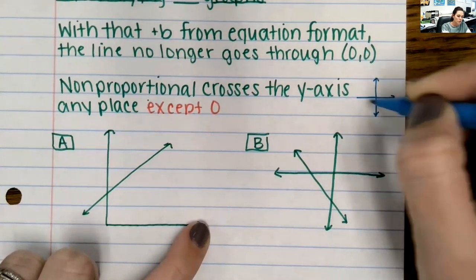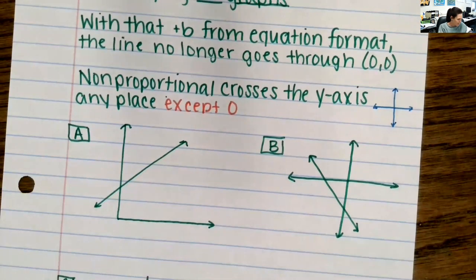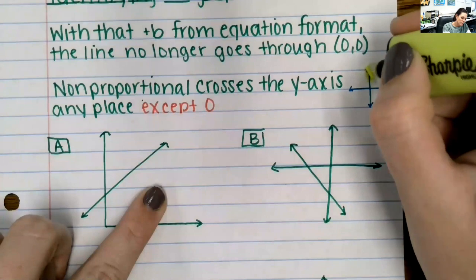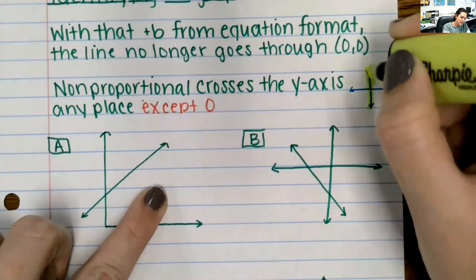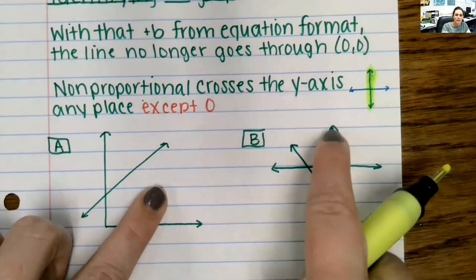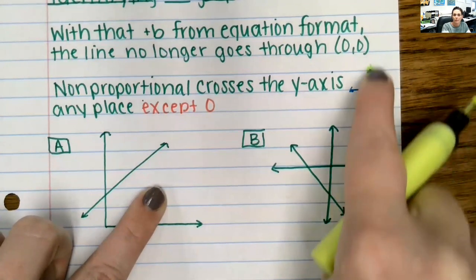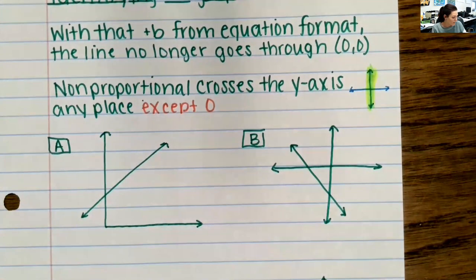I want you to understand that the y-axis is the vertical line. So if you need to highlight or emphasize the vertical line, that is what we are looking at. We don't care where it crosses the x-axis. We only care about the vertical line and where it crosses on the y-axis.